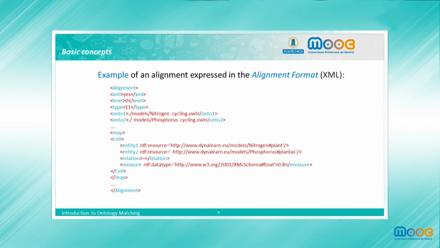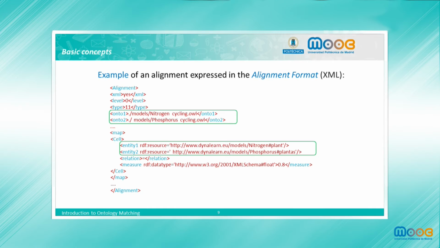Let's see now an example of a real alignment expressed in the alignment format. The alignment format represents the metadata associated with the alignment and the information of the correspondences. For instance, here we have the piece of the representation in alignment format that contains both ontologies that we are aligning.